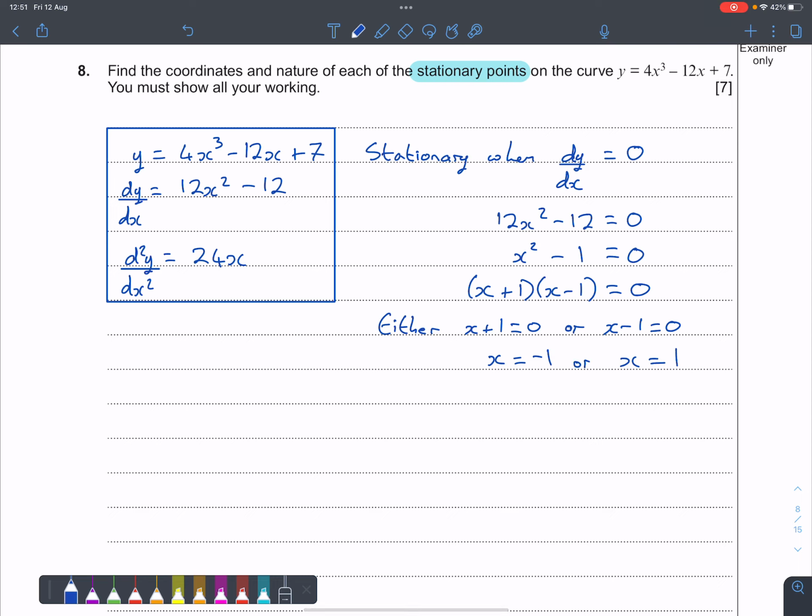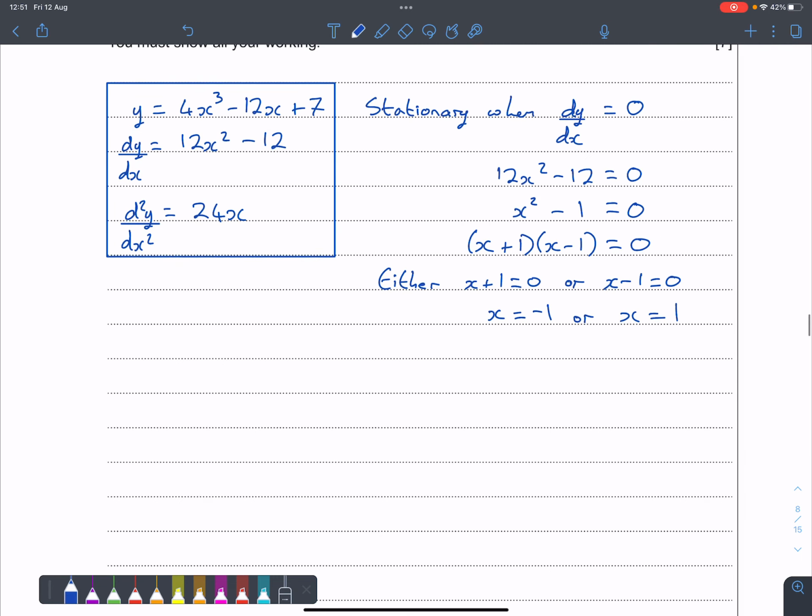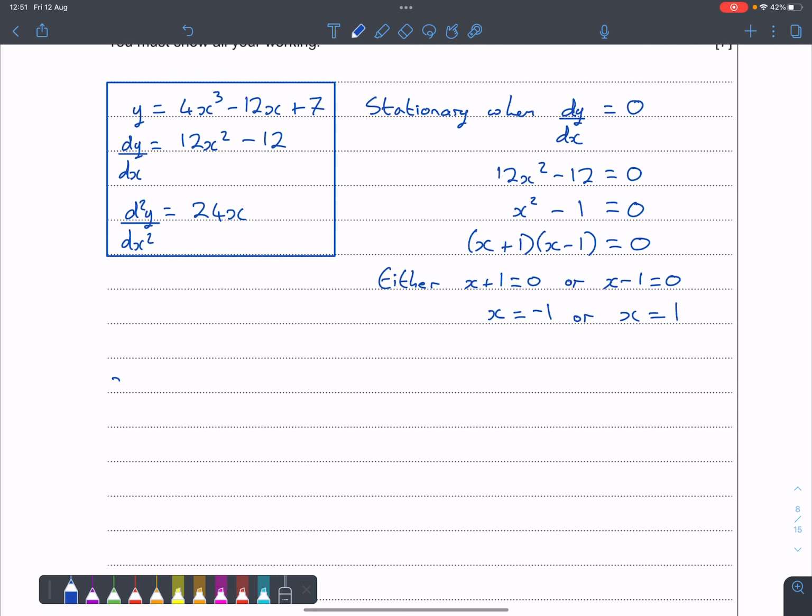I now have the x ordinates of the stationary points, but I want the coordinates, so I need to find the matching y values. I can use the original equation. When x equals negative 1, y is 4 lots of negative 1 cubed minus 12 lots of negative 1 plus 7.